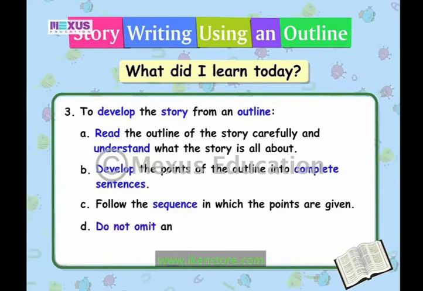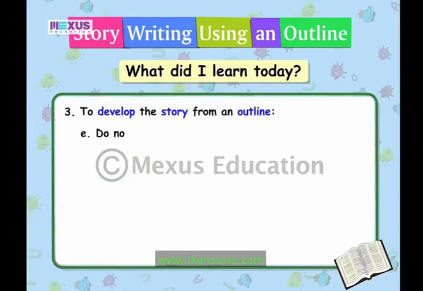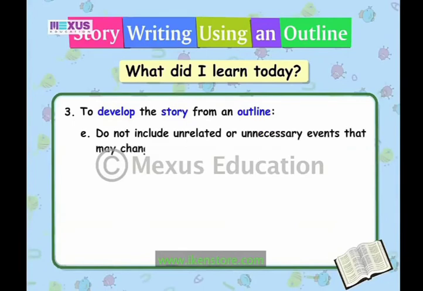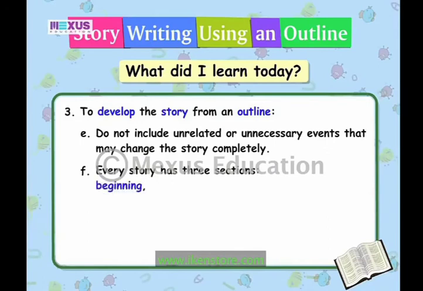Do not omit any part of the outline. Do not include unrelated or unnecessary events that may change the story completely. Every story has 3 sections: beginning, body or middle, and ending.